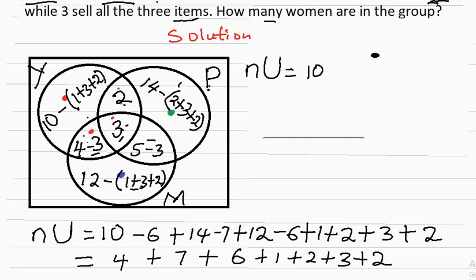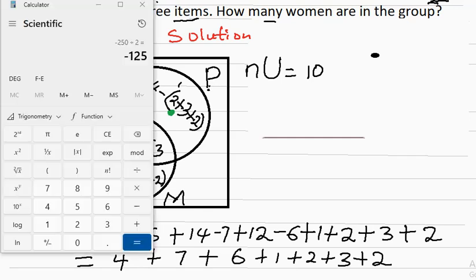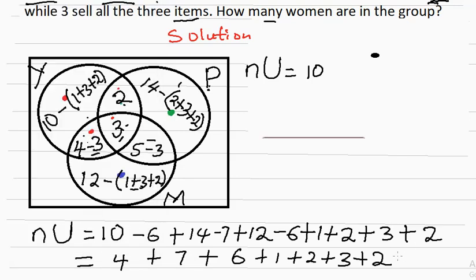Let me use the calculator. 4 plus 7 plus 6 plus 1 plus 2 plus 3 plus 2, 25. So the answer is 25.